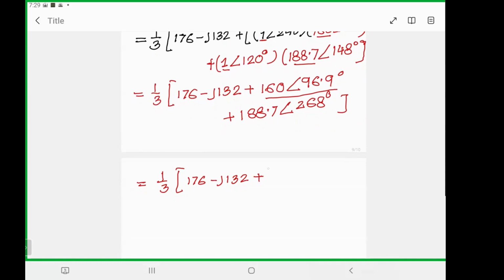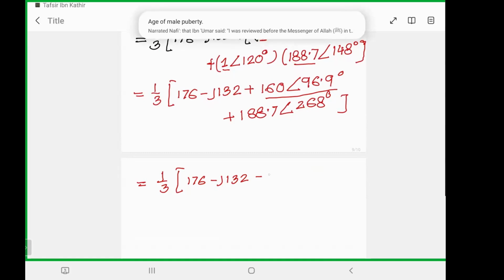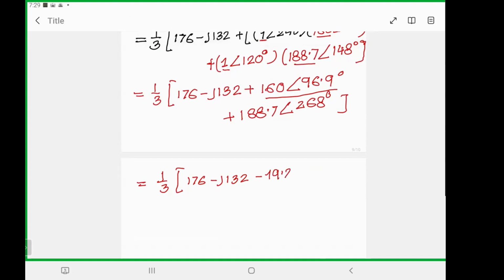Minus 19.22 plus J158.8. And similarly, I have to convert this one.